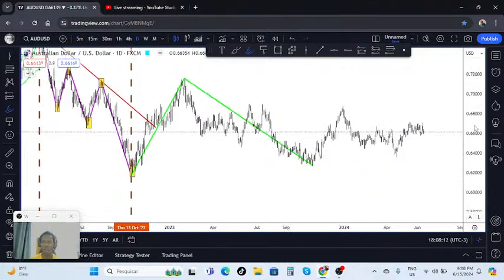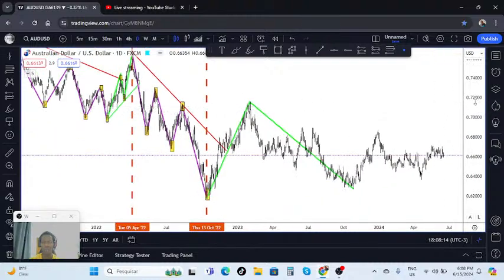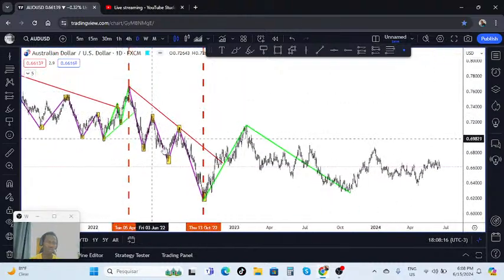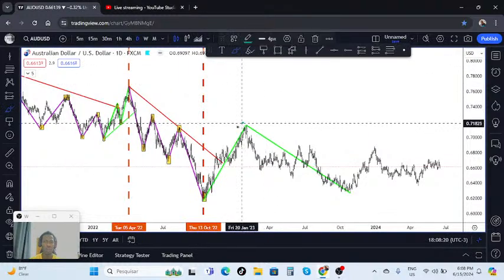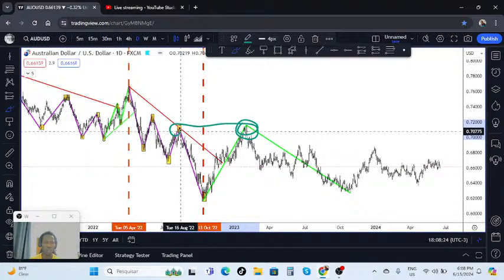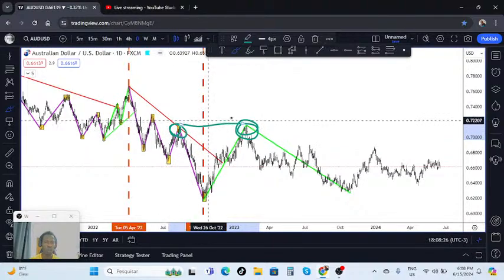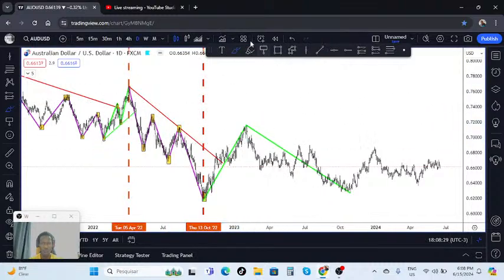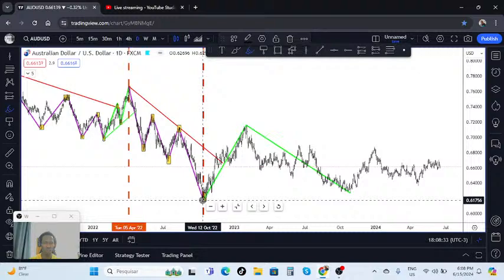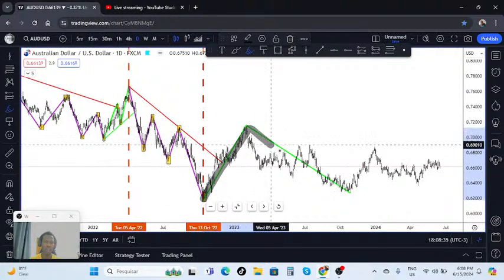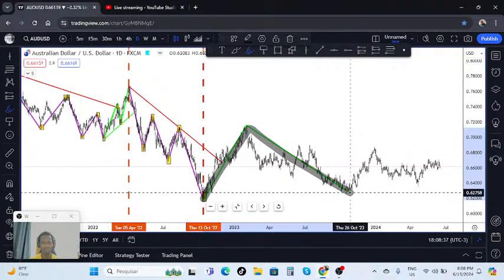But let's have it in our mind that this down market structure is no longer valid. Why? Because the market made a high that is higher than this down market structure retracement high. So therefore, we have the first up market structure extension leg and the retracement. Okay, so for now, this is where we are.